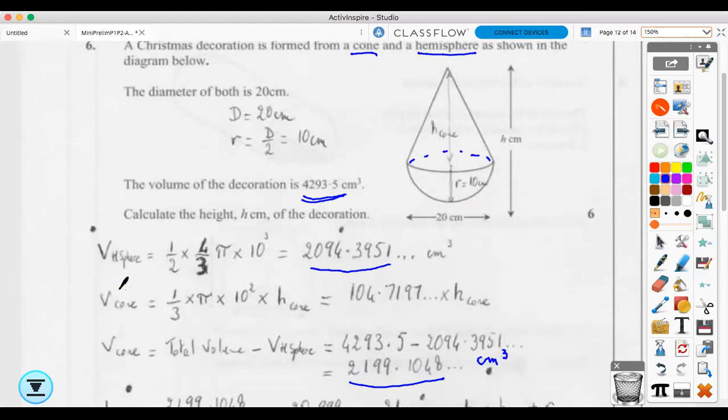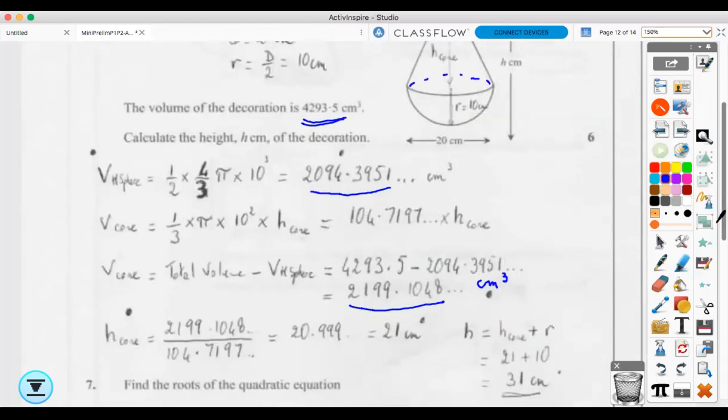And because volume of a cone is 1/3 of pi times r squared times the height of the cone, now you're going to equate those two and find the height of the cone. It's just going to be 2199 divided by 104, which is 20.99, or you can round it to 21 centimeter.